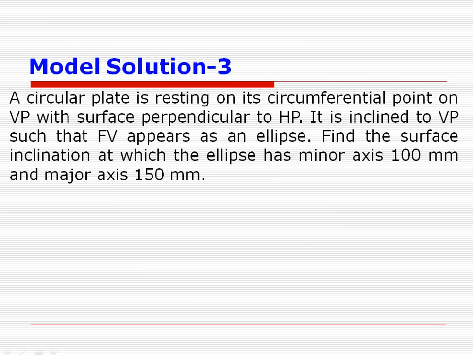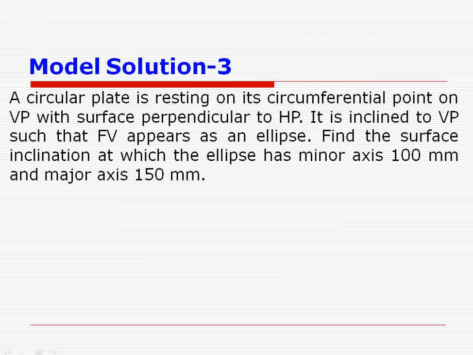That means it is the case of an inclined plate. If the front view appears as an ellipse, then the inclination must be with the VP. So if the inclination is with VP, the first stage we take it as parallel to VP.